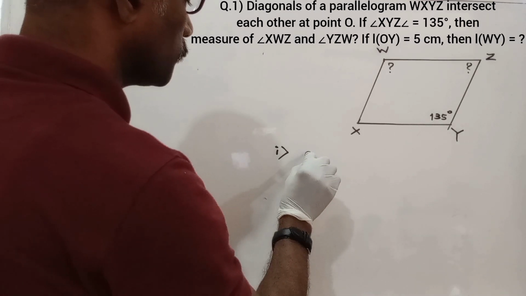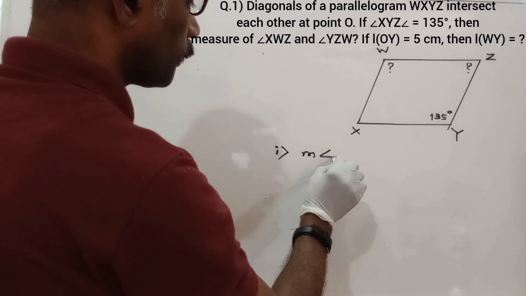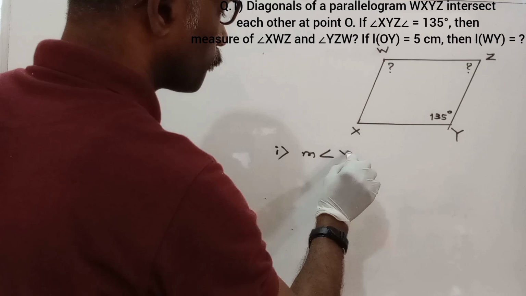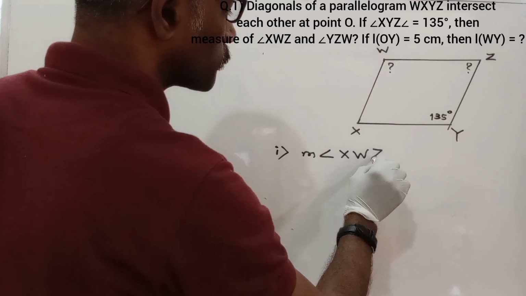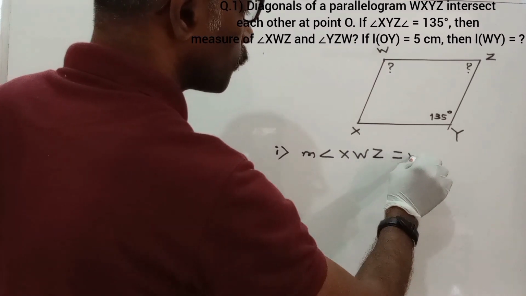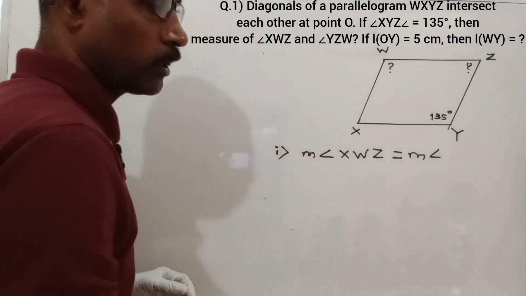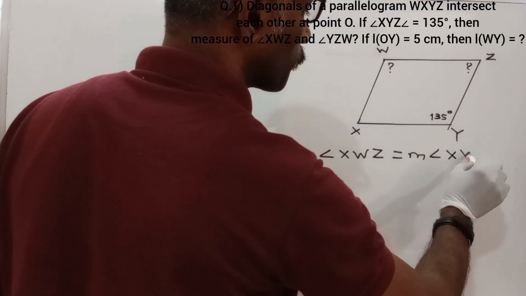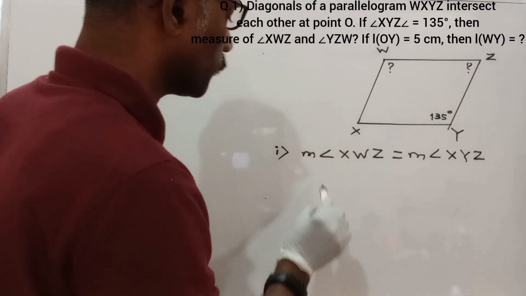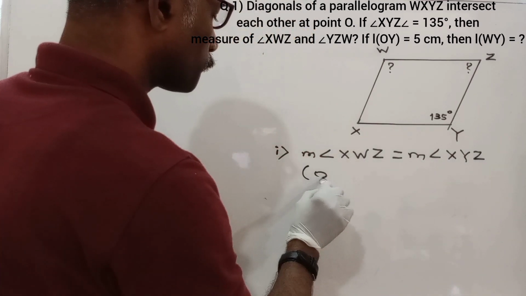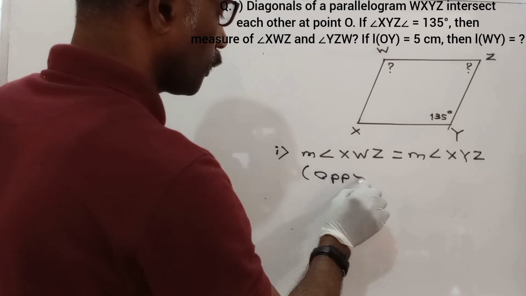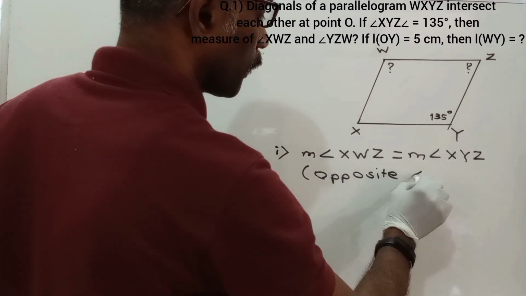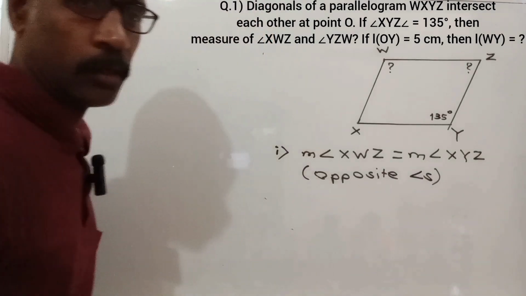Therefore, we write here, measure angle XWZ is equal to measure angle XYZ. These are opposite angles.